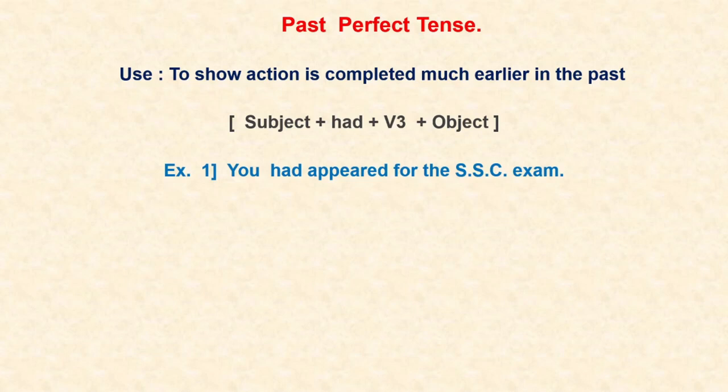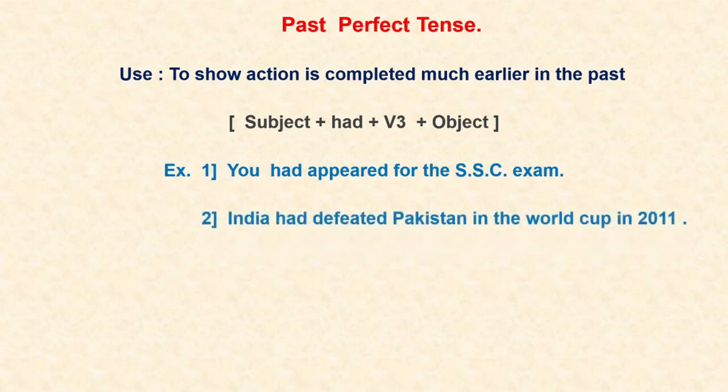You is the subject, had, and appeared is V3. So we have gone through this formula. Second example: India had defeated Pakistan in the World Cup in 2011. If you remember the World Cup of 2011, India defeated Pakistan. So I have made this sentence: India had defeated, subject, had plus V3.